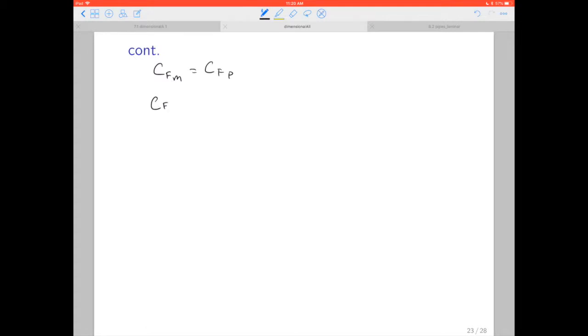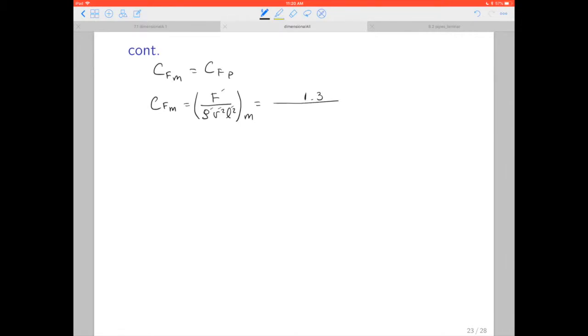Now the force coefficient for the model is force divided by rho v square L square. This is for the model. And so we know the force in the model, the density in the model, the velocity and the length.